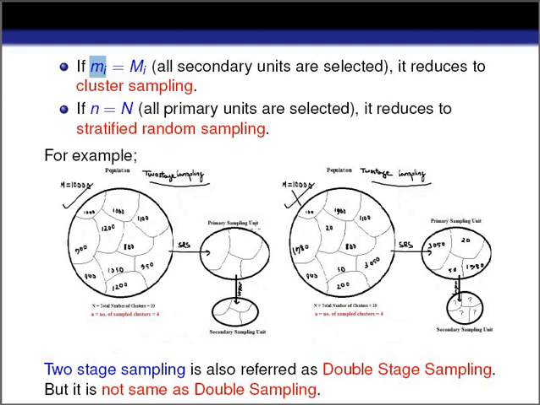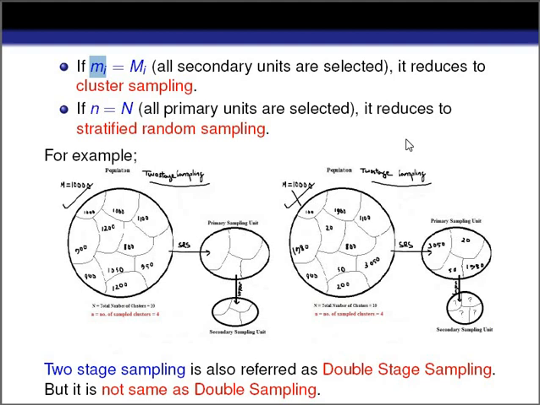After selecting all the clusters, what do we do for the secondary sampling unit? We take a sample from each of the selected clusters, isn't it? So if we take samples from each of the selected clusters, then this two-stage sampling reduces to stratified random sampling. So this is the main concept of two-stage sampling.